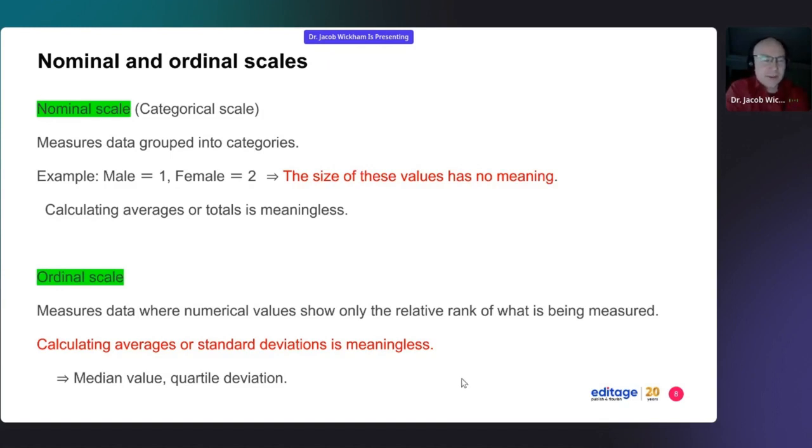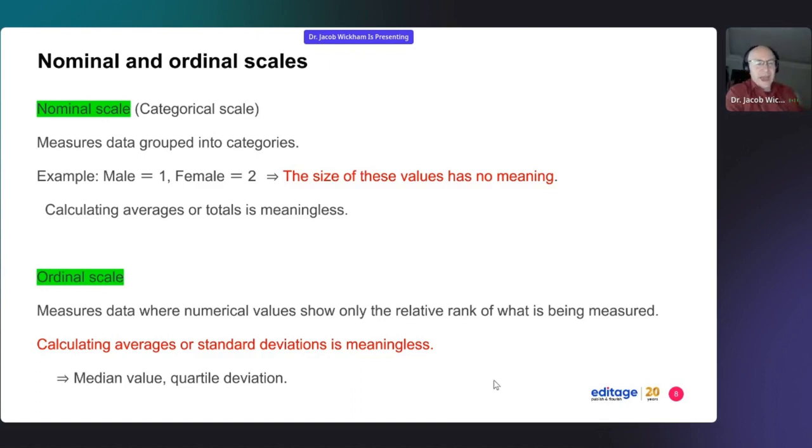Journals will rank themselves in relation to each other, and usually the data are displayed as a quartile range or a box and whisker plot, just to show the relative rank of a certain journal or whatever you're trying to measure.